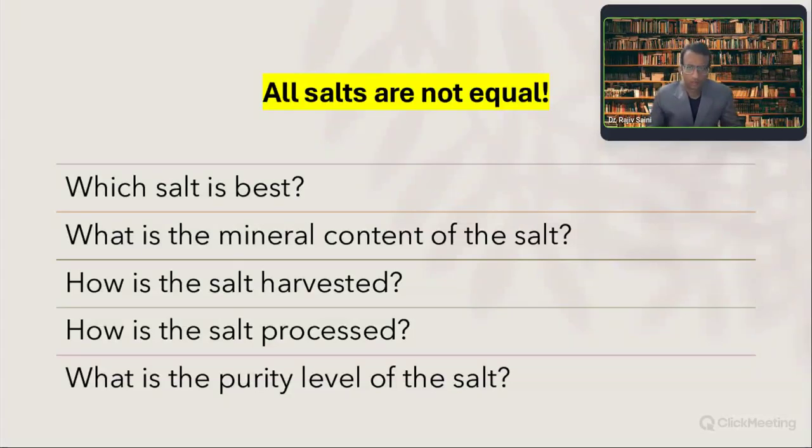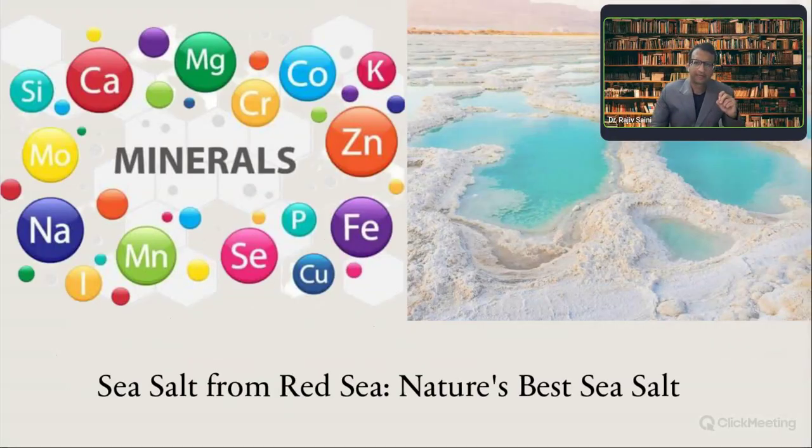When we talk about salt, these are the five key questions: which salt is the best, what is the mineral content of the salt, how is the salt harvested, how is the salt processed, and what is the purity level of the salt. To answer these questions, we have to understand that sea salt from the Red Sea is nature's best sea salt. Why is it the best?